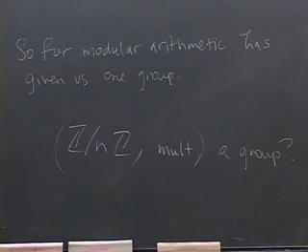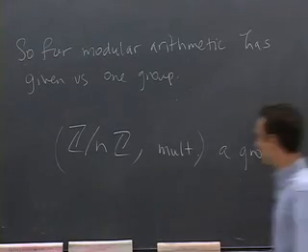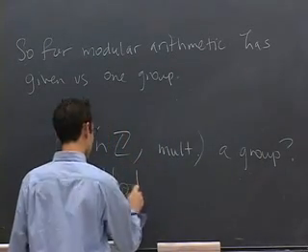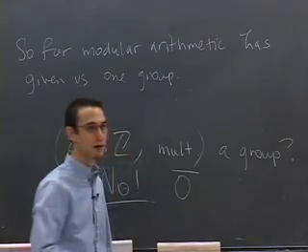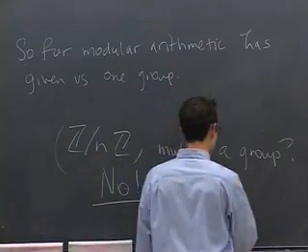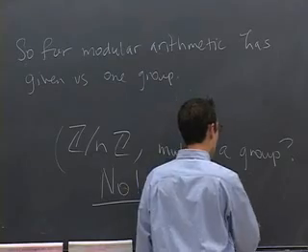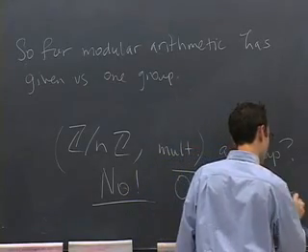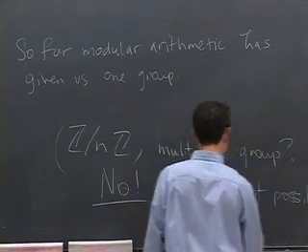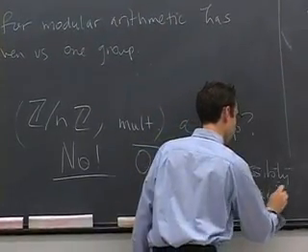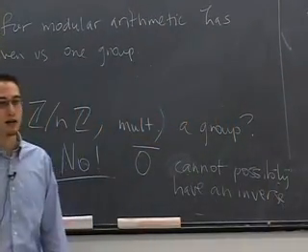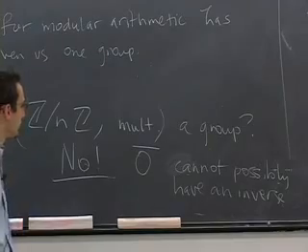Right, so this is definitely not a group. No, because, for instance, 0 bar cannot possibly have an inverse, because anything that you multiply it by gives you 0.